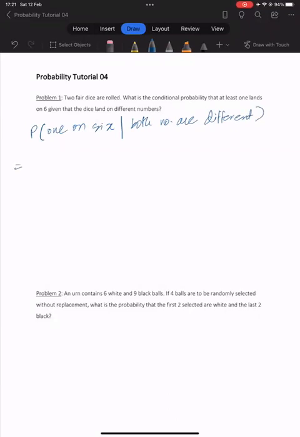So first we want the intersection कि एक 6 है and दूसरा कोई भी number हो सकता है which is not 6.